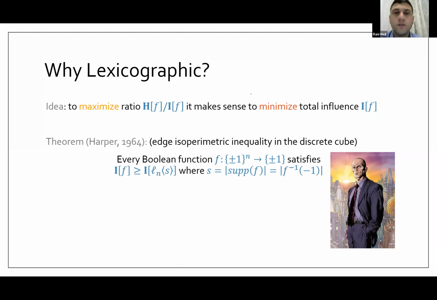And the edge isoperimetric inequality in the discrete cube, as you can see, is a very old result by Harper and was proved many times by some other people.